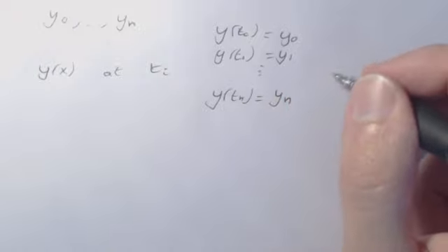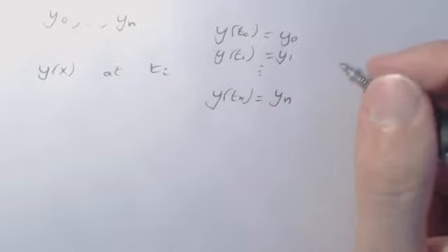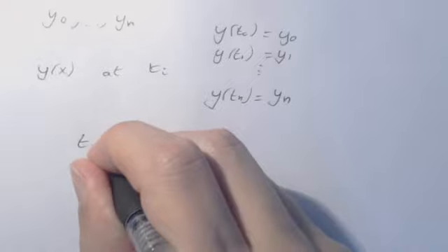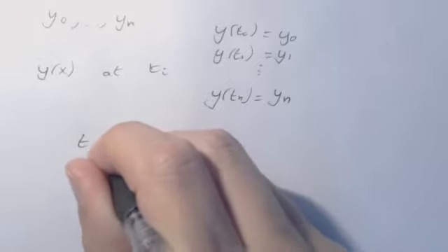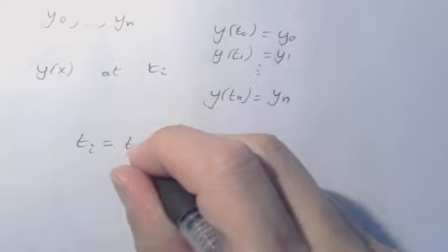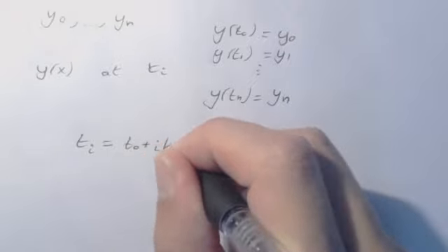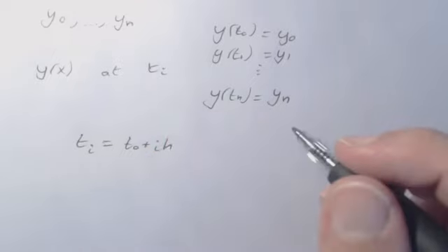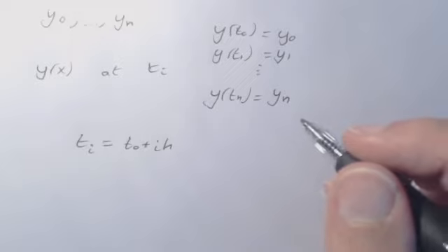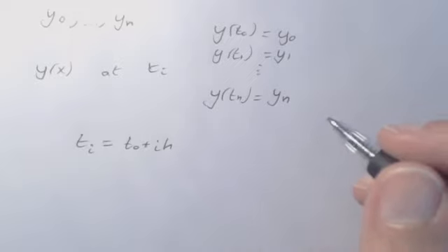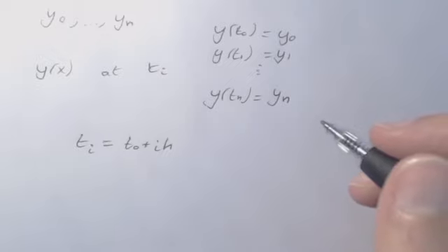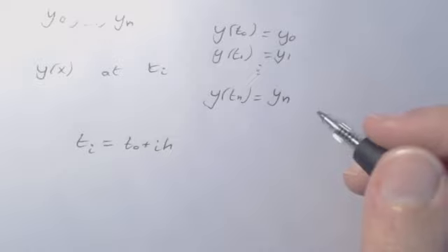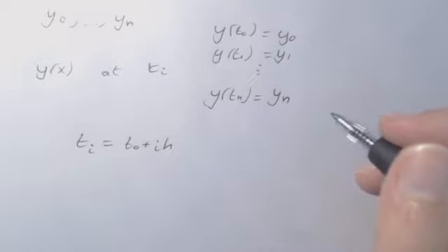I think that's what they mean. And the ti are equally spaced, so ti equals t0 plus ih. I'm guessing y is a real valued function from the real numbers, presumably the real numbers.